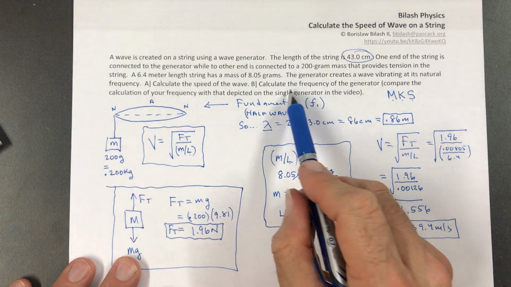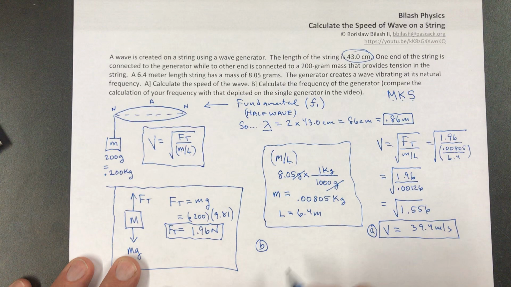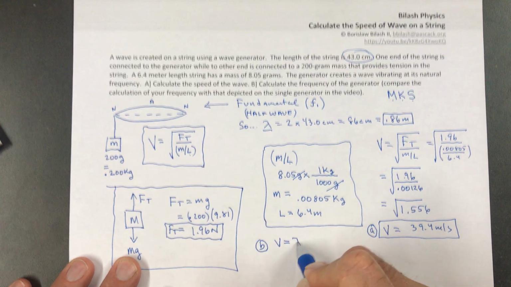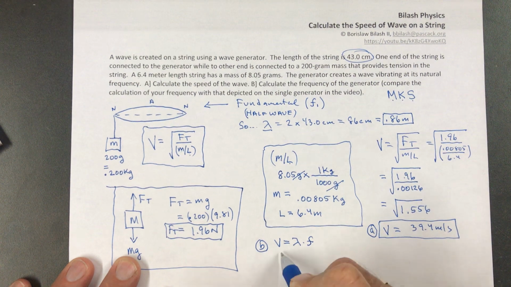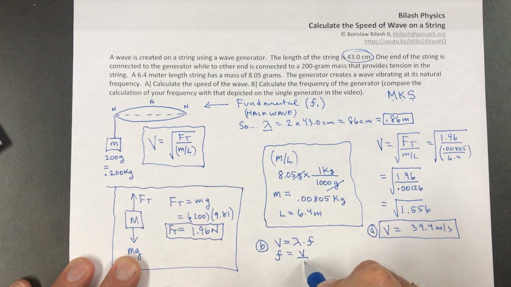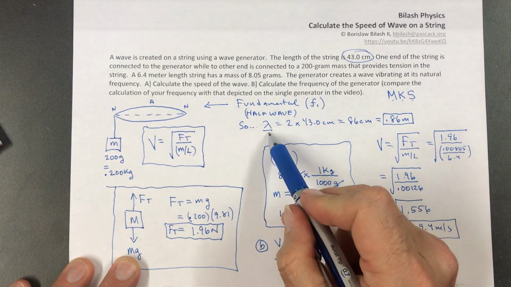Now B is asking what's the frequency? Well, B, we'll do that over here. B, velocity is equal to lambda times frequency. So that means that frequency will be equal to velocity over lambda. So we just calculated the velocity. That's 39.4. And the lambda, we determined that earlier.